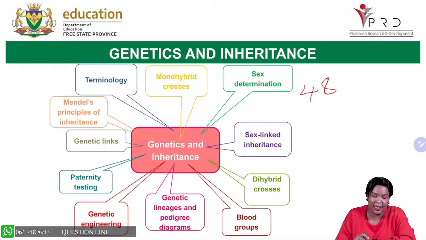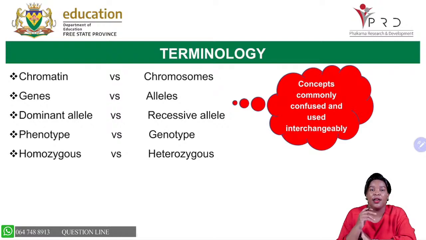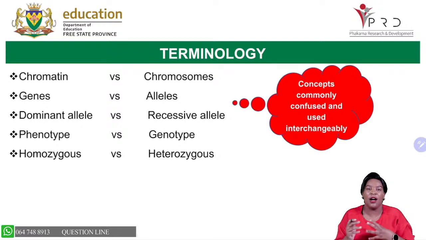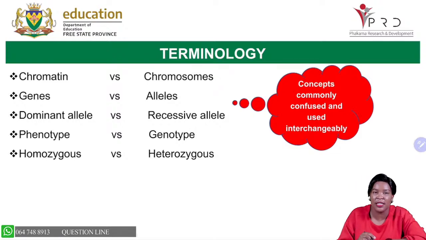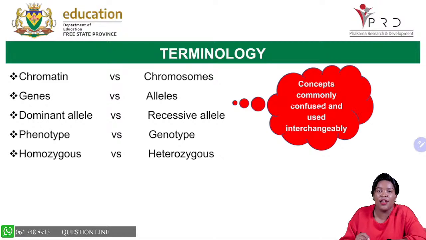This topic has a lot of terminology that we find learners are confusing. Go back and check the terminology that is written here. These concepts are mostly confused by you candidates and you may use them interchangeably and they become wrong in the construction of your answer.